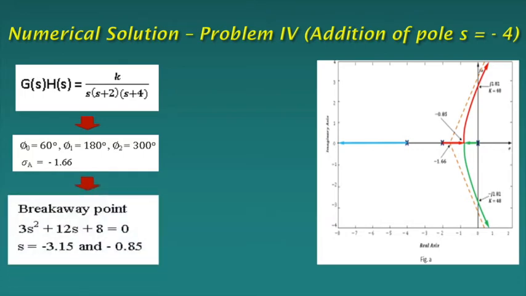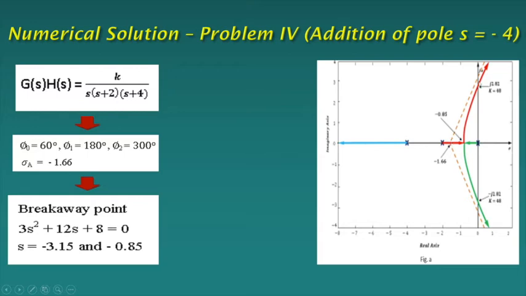Then calculate the breakaway point. Using the characteristic equation, we get 3s square plus 12s plus 8 equal to 0. So from this equation, we get these two roots. One is minus 3.15 and another is minus 0.85. Then this is the centroid of asymptote.